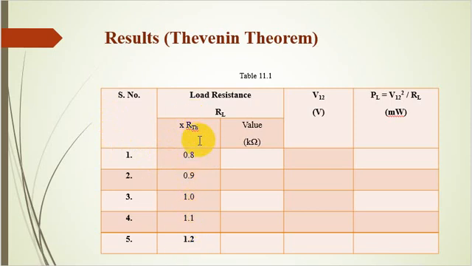So that you can find out different values of your voltage across points 1 and 2, and then you can easily see when the maximum power will be dissipated across your load resistance. After completing your table, you can easily find out that the maximum power is dissipated across the RL when the load resistance is equal to your Thevenin resistance.